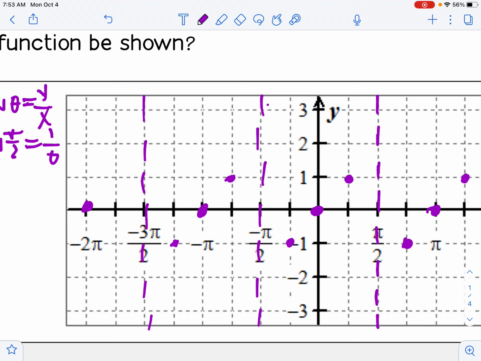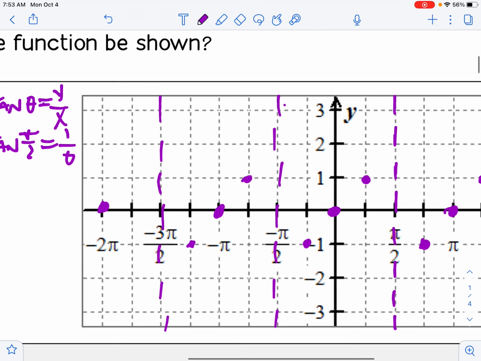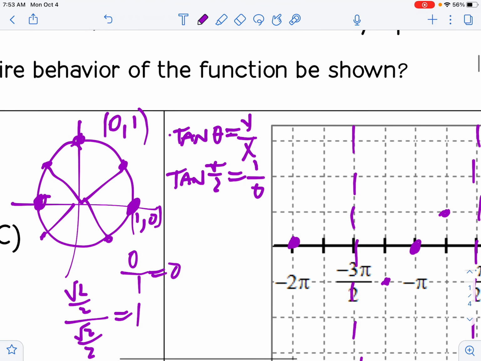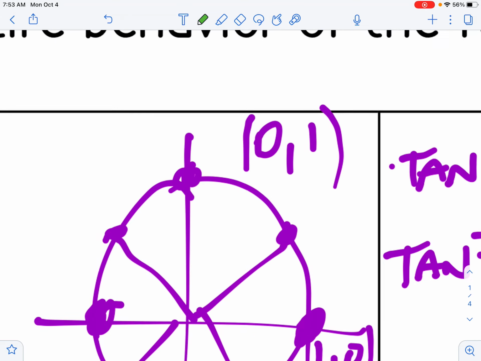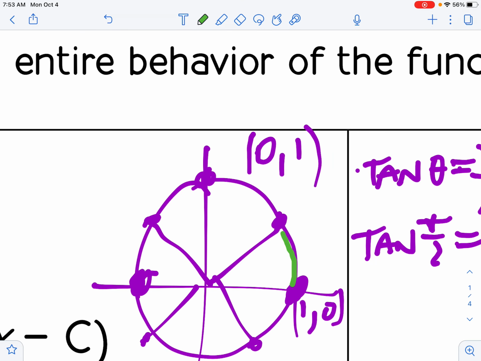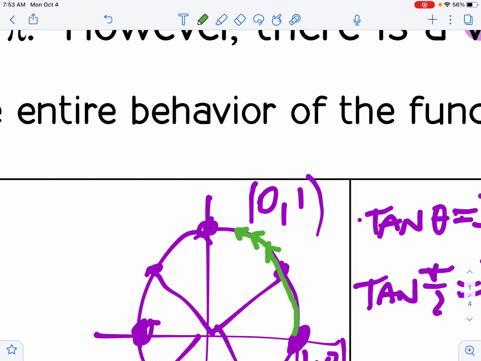Now, the tricky part here is what happens as you approach this asymptote. Conceptually, this is going to be a little bit difficult for us to understand, but what we're looking at here is as you approach the 90 degrees on the unit circle, we're coming around here, getting really close to that 90 degrees, which means that our x value is getting really close to 0.